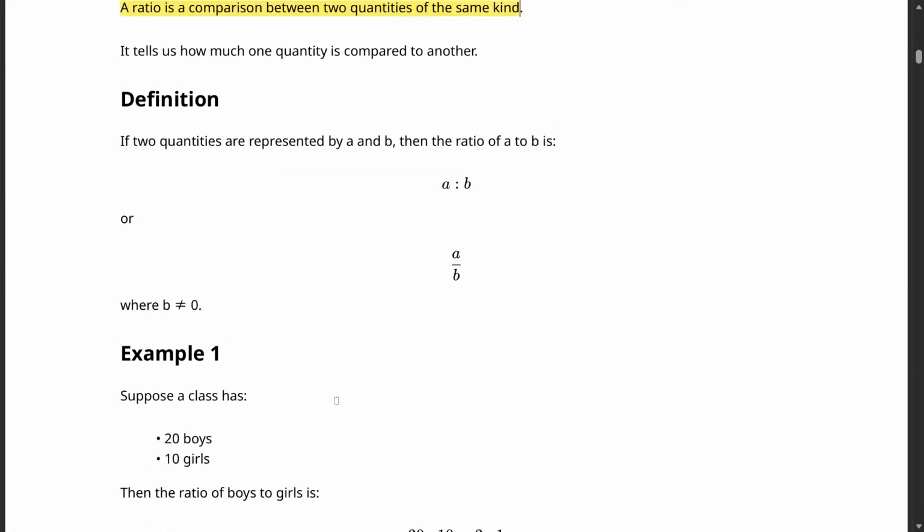If two quantities are represented by A and B, then the ratio of A to B is A is to B, or A divided by B, where B is not equal to 0.